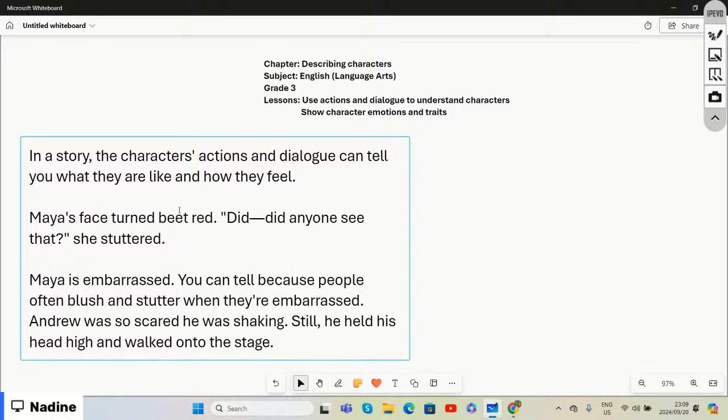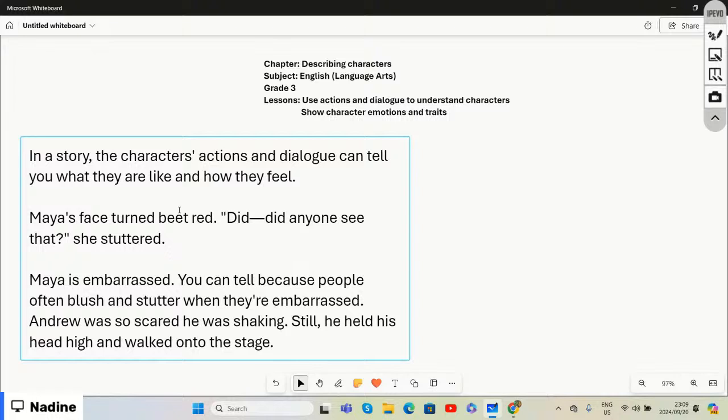Within a story, the characters' actions and dialogues can tell you what they are like and how they feel. For example, if the character always seems angry and wants to fight, then that character is the villain within the story.